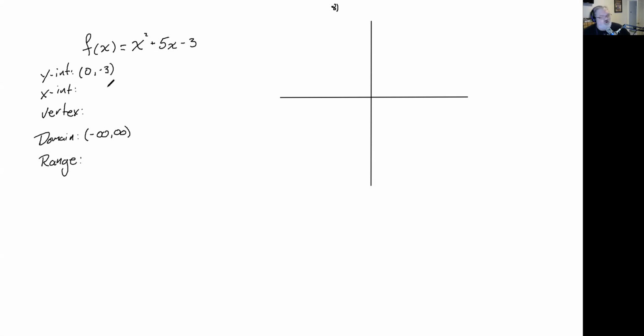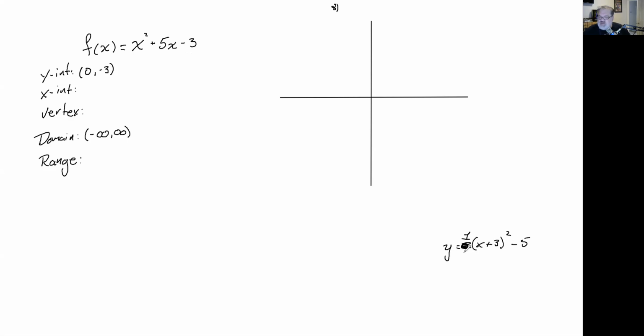Do be careful with the idea that the y-intercept is always this constant on the end. That's a dangerous way to think about it because, for example, if we had something in vertex form, x plus, say, 3 squared minus 5, I don't know why I put an a there. Let's say I'll just let that a be 1.